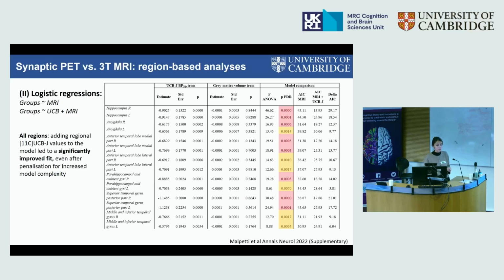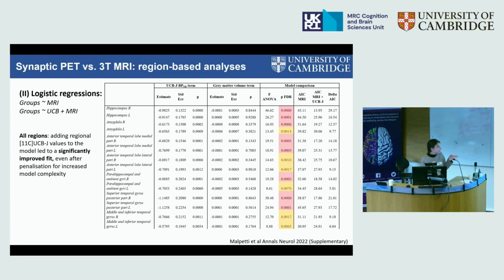A second approach was logistic regression. For each region, we included the individual MRI values, with the outcome measure being groups, so controls and patients. Then we compared this simple model with the model including the same region's UCBJ value, and we used the AIC to compare the two models and identify which was the best.